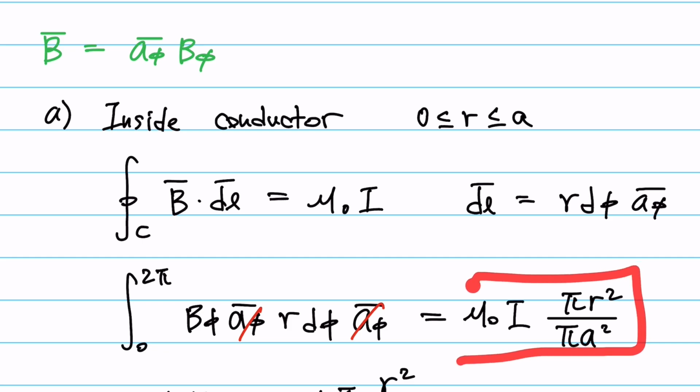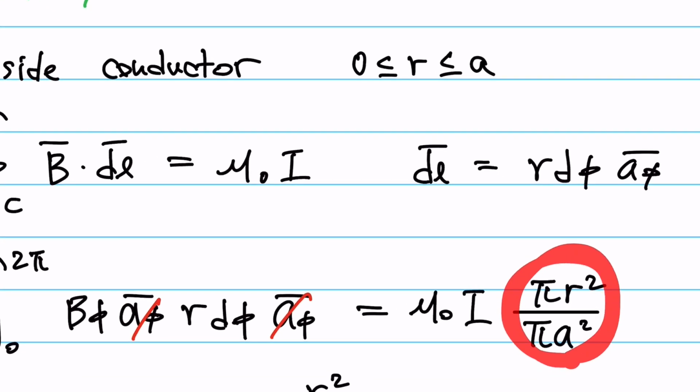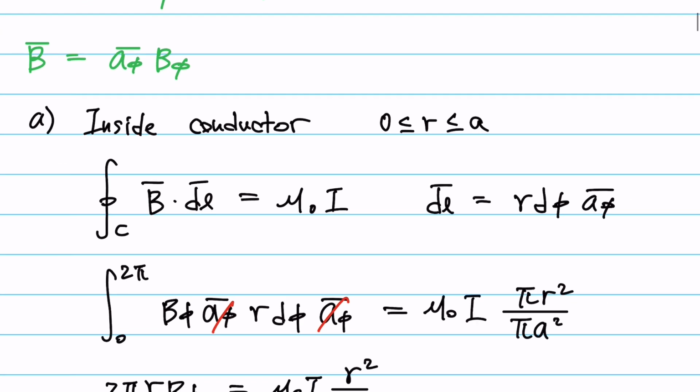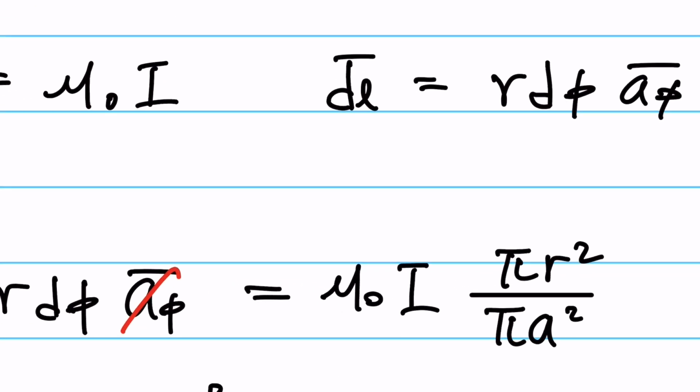So if you look at this side, there's a term multiplied to the current. And the reason why we have this is because the amount of current will change inside the gray conductor in the center, because the total surface area of the gray conductor is pi a squared, because a is the radius of the gray part of the conductor, and r is just a variable.